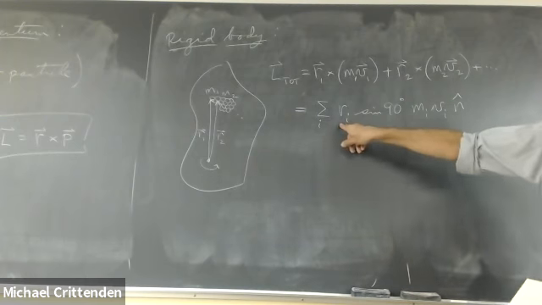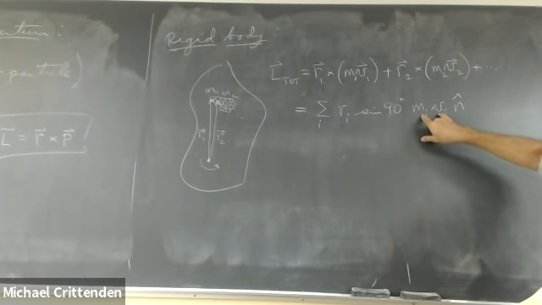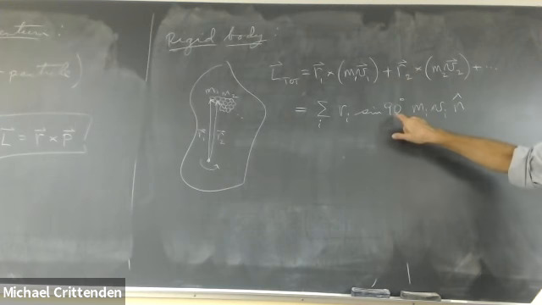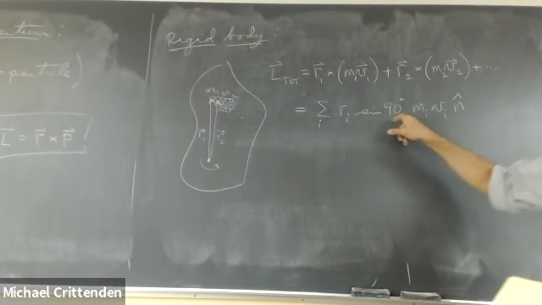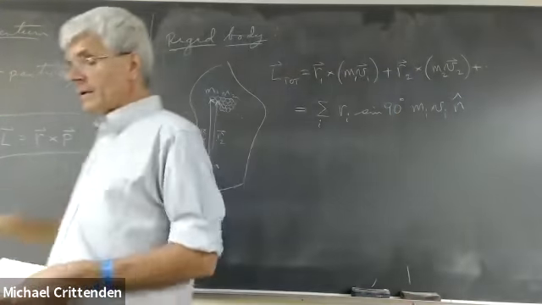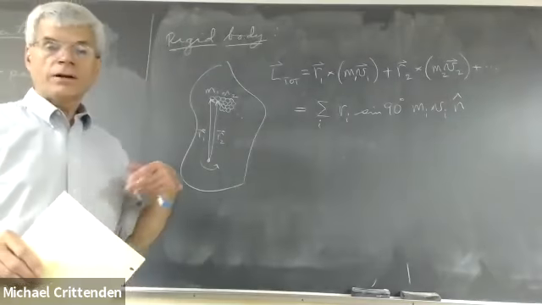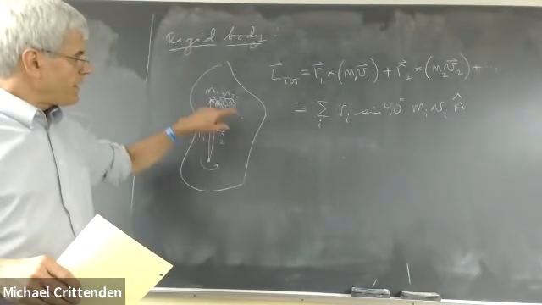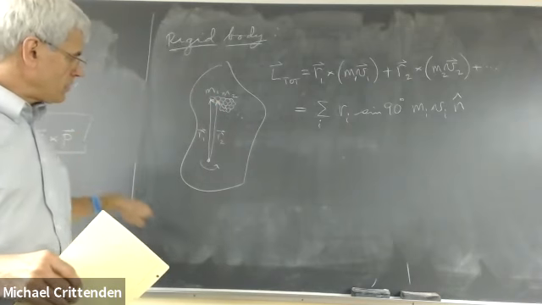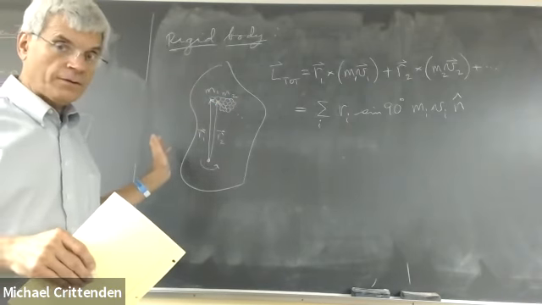So magnitude of the first vector, magnitude of the other vector, which is the momentum, sine of the angle in between. Well, if these particles are part of a rigid body, they have no choice but to go around in perfect circles, okay?